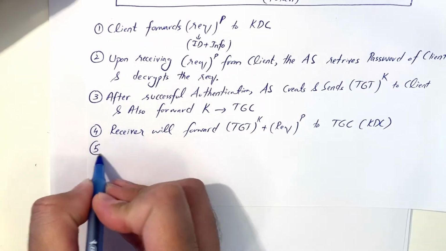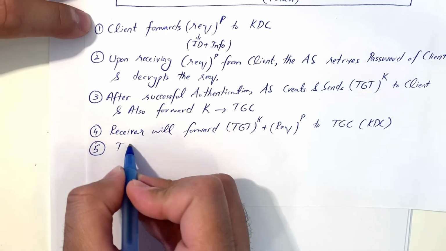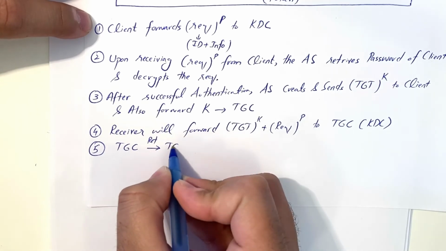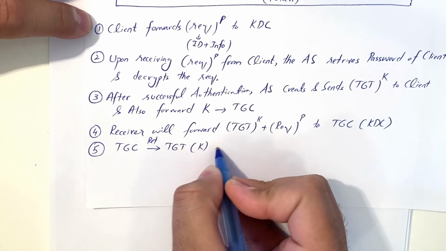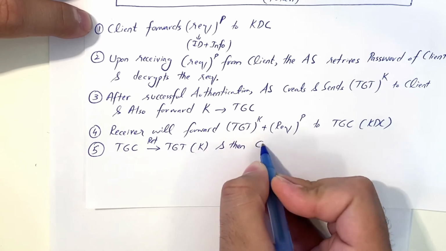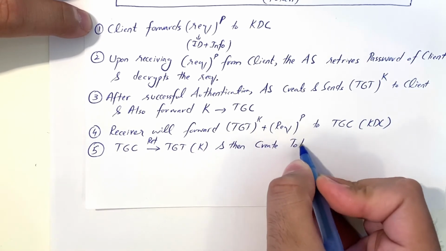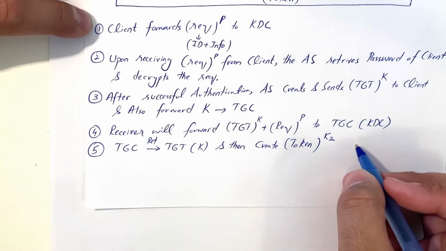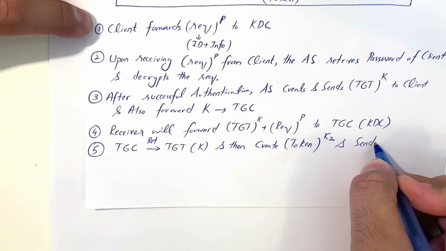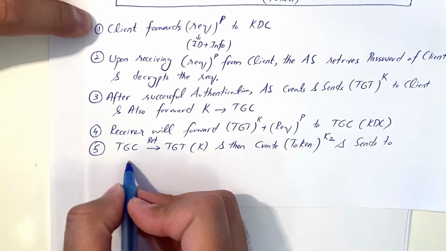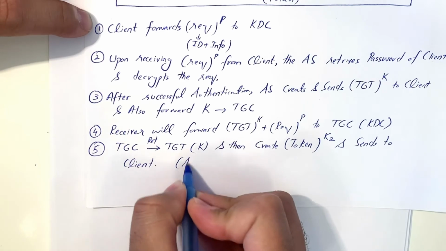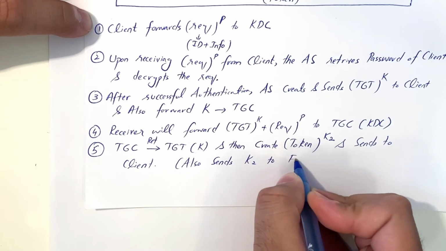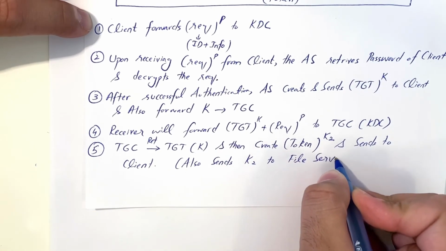The fifth step is the ticket granting center will retrieve the TGT, because they already know the key, and then create a token which is encrypted with the key K2, a secret key unknown to the client, and sends it to the client, and also sends K2 to the concerned resource, for example the file server in our case.